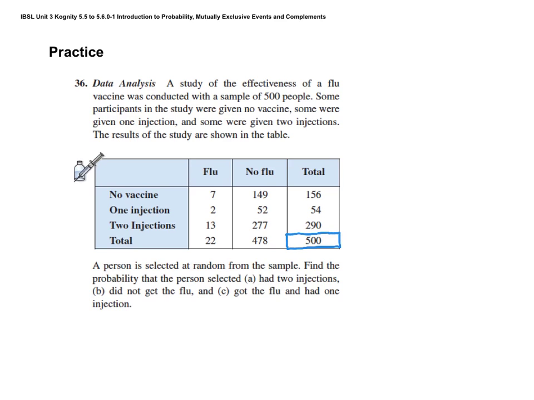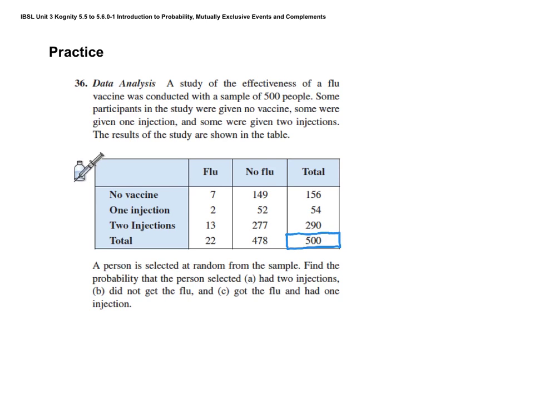Some participants in the study were given no vaccine, some were given 1 injection, some were given 2 injections. The results of the study are shown in the table. So they were given no vaccine, or 1 or 2 injections, and then they either got the flu or did not get the flu.